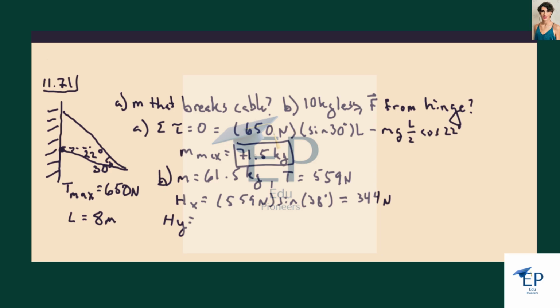So now we have H sub y has to be equal to our 61.5 kilograms times g, so the weight, minus the force vertically that the cable is exerting.